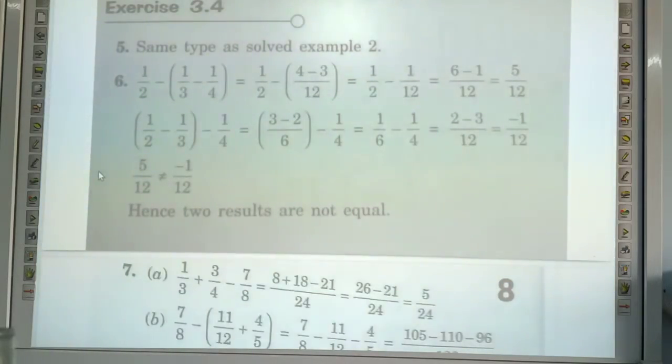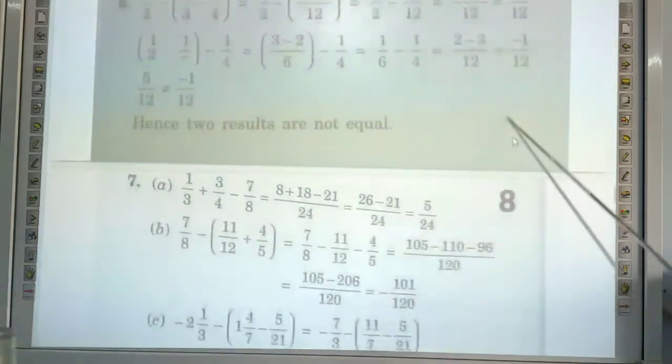So our conclusion is that the two results are not equal, and there is an important property, the associative property of rational numbers for subtraction, which is not valid as we have obtained unequal RHS and LHS parts. So the associative property of subtraction is not found in rational numbers. Moving to question number 7.